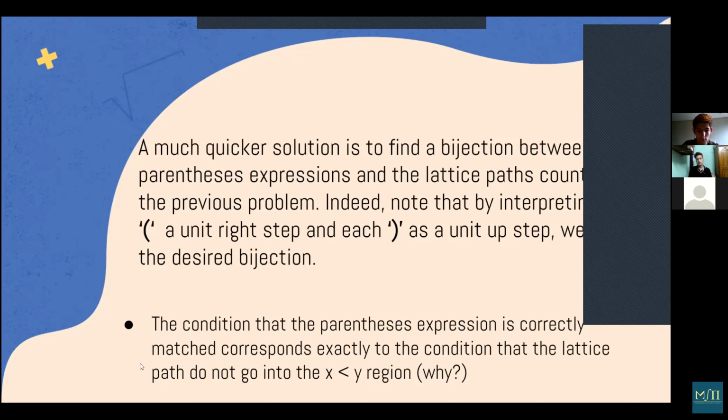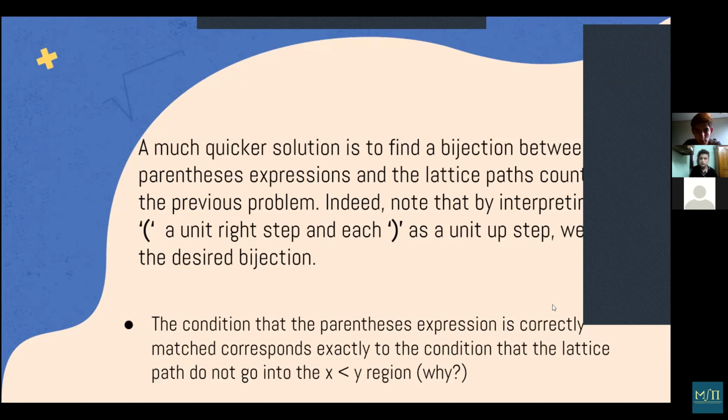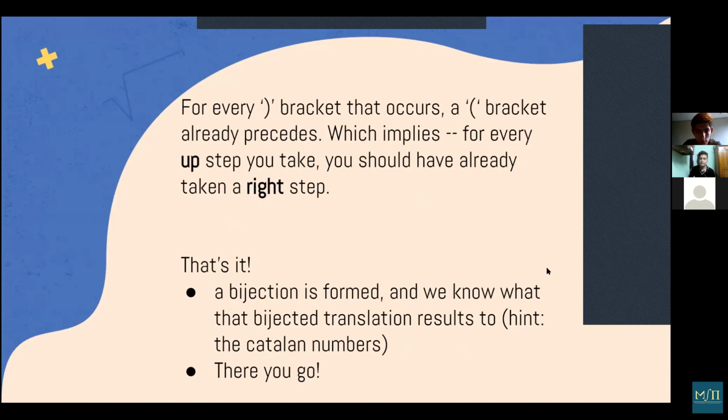So there is a small caveat. The condition that the parentheses expression is correctly matched corresponds exactly to the condition that the lattice path does not go to the x is less than y region, right? Why is this the case? Notice that for every right closing bracket, there occurs a left opening bracket already, right?